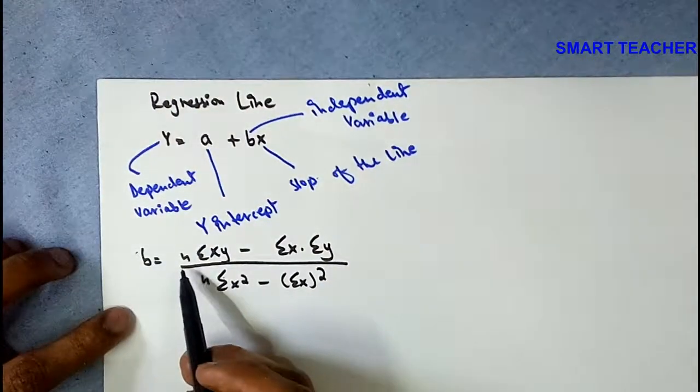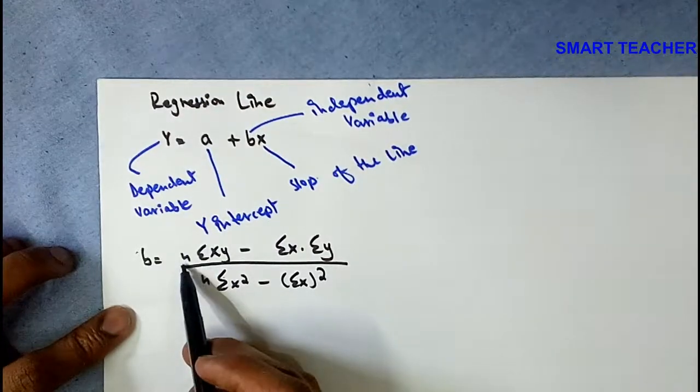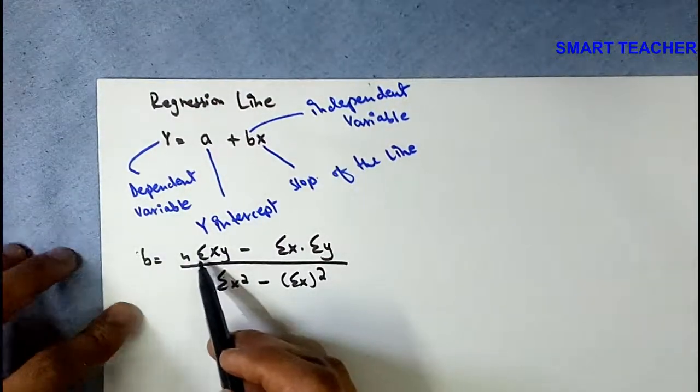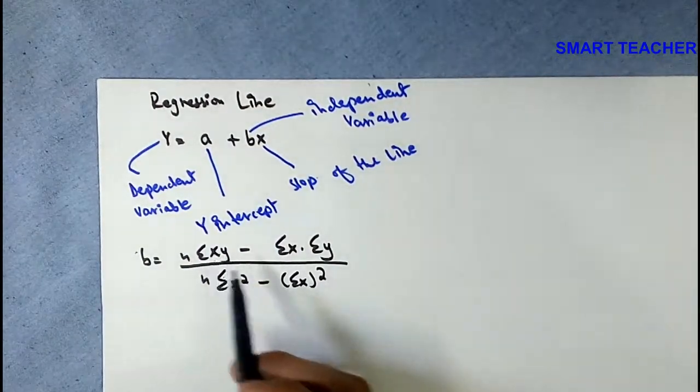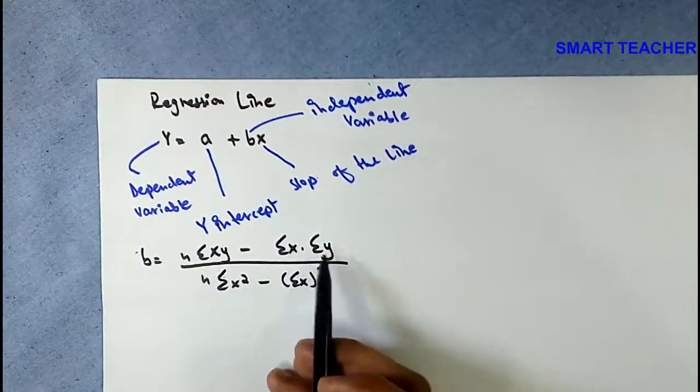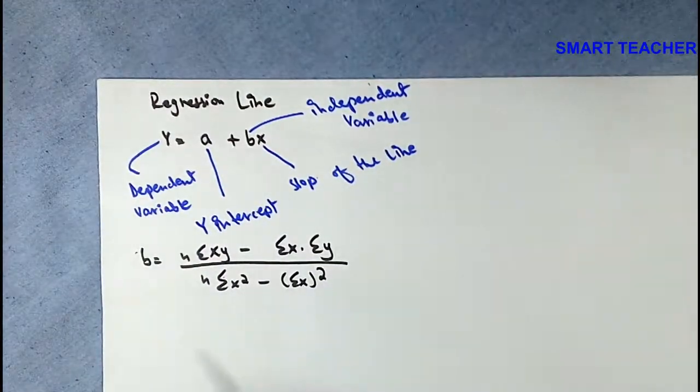Here n is the total number of observations, and you can call this sigma. Sigma is the sum of xy, sum of x, sum of y.